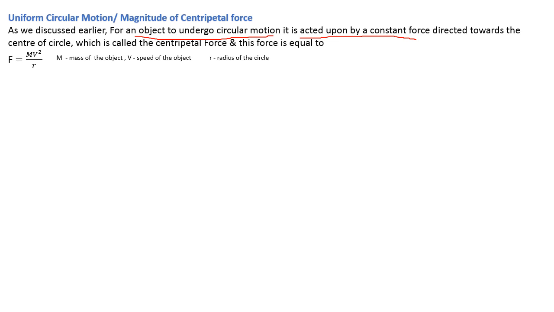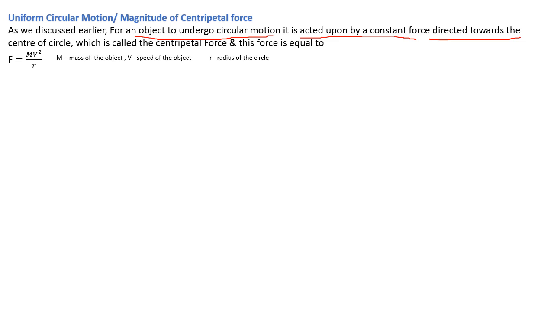So whenever an object undergoes circular motion, it is acted upon by a constant force. And as we have discussed, whenever the object is in circular motion, the force is always directed where? It is always directed towards the center. And that is the next line given: the force directed towards the center of the circle is called a centripetal force. Is it clear? So, understood the definition.